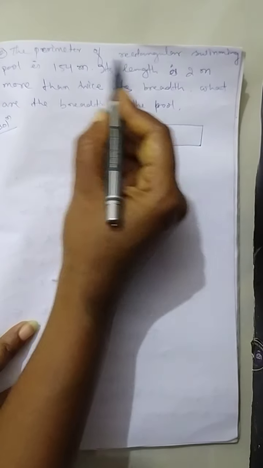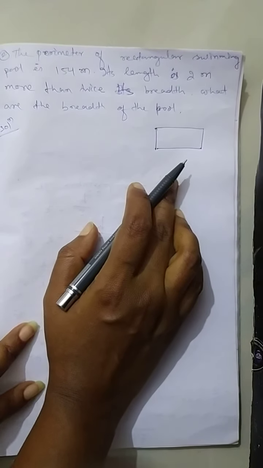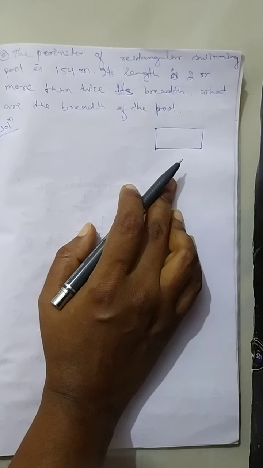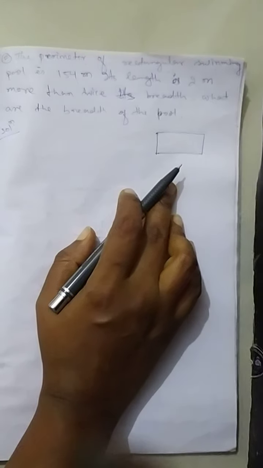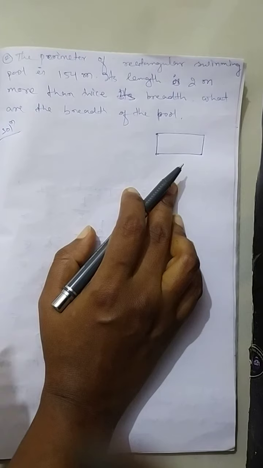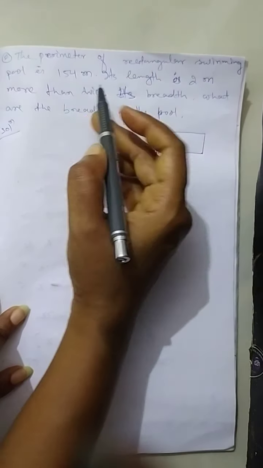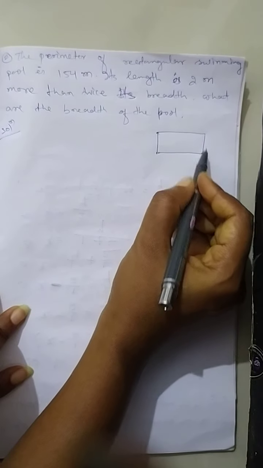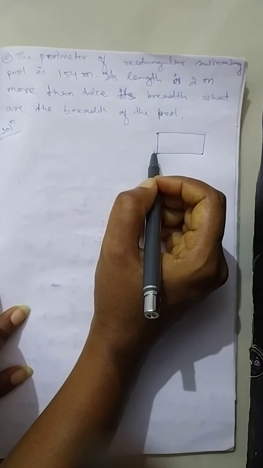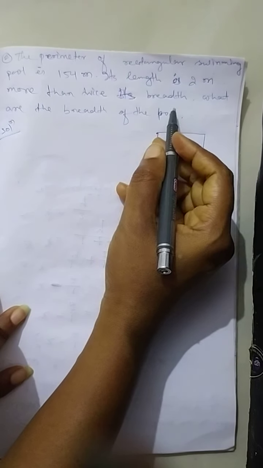We already know the formula for the perimeter of a rectangle, that is 2 into (L plus B). The perimeter is 154 meter. Length is 2 meter more than twice its breadth.